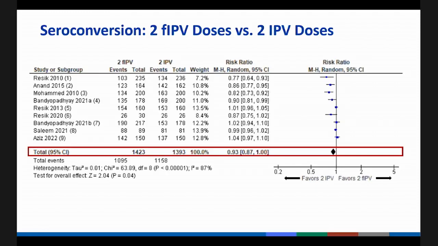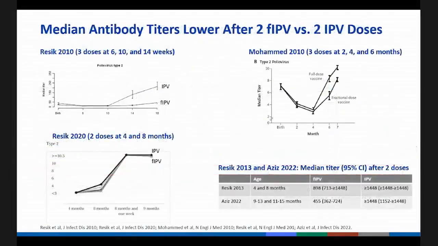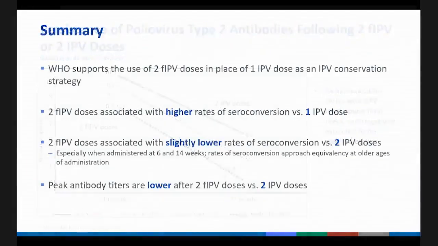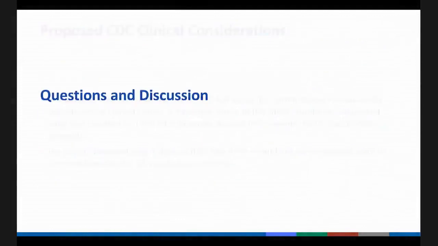Dr. Chin? Yeah, the only thing that I would add for the clinical considerations section is to maybe mention specifically the 6 countries that are routinely using fractional dosing.